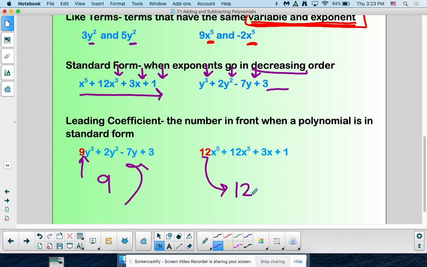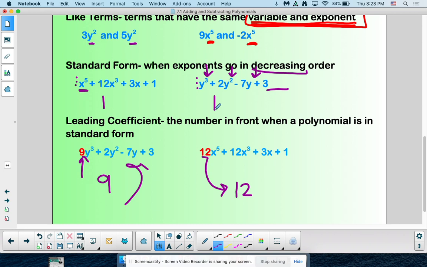If we look at these other examples up here, what's really in front of this x to the power of 5? An imaginary 1. So 1 would be your leading coefficient there. Same thing here. There's an imaginary 1, so 1 would be your leading coefficient in that one.